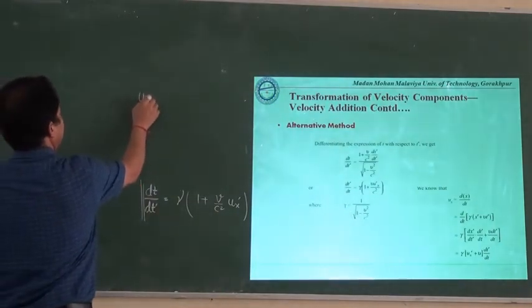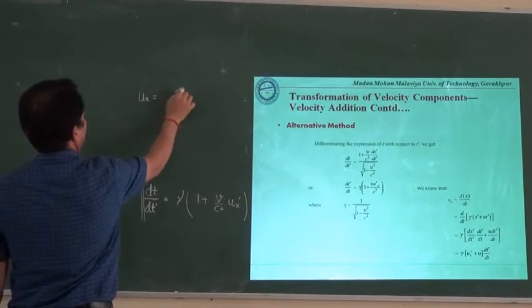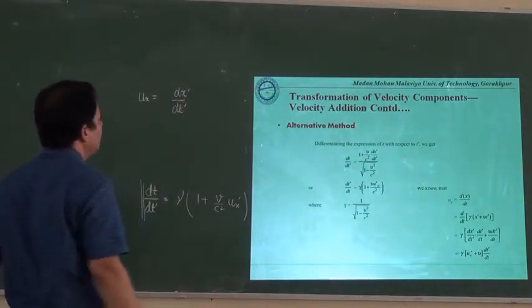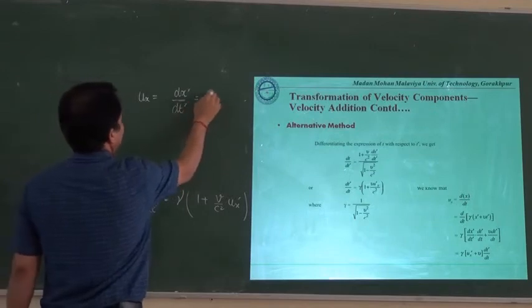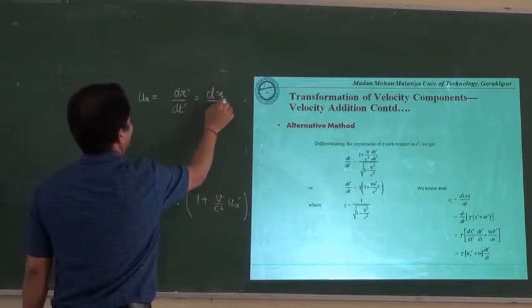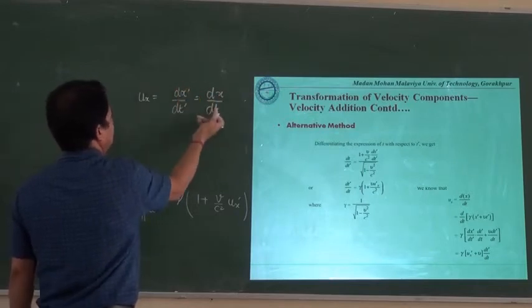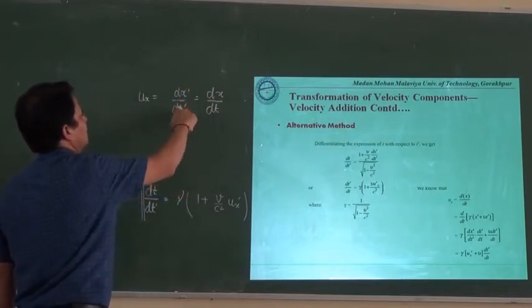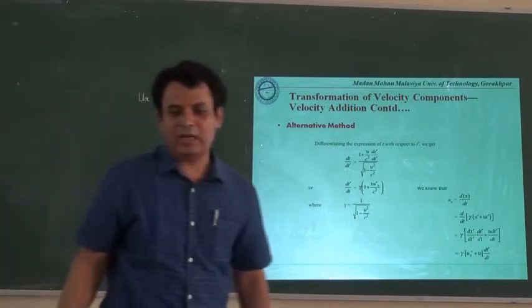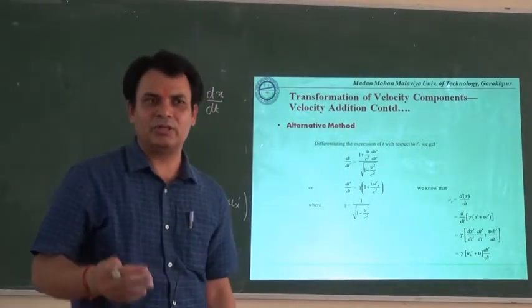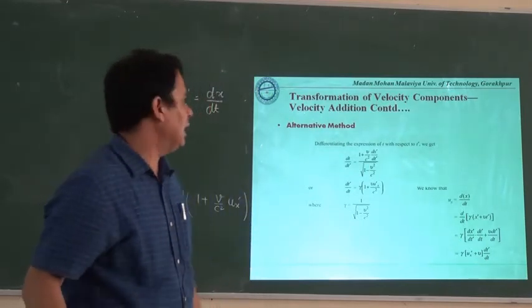So if you are writing ux dash, then it is equal to dx dash upon dt dash. Why? Because ux is equal to dx upon dt, and corresponding to x we have x dash, and corresponding to t we have t dash, when we are using the transformation concept for the velocity from one reference frame to the other.